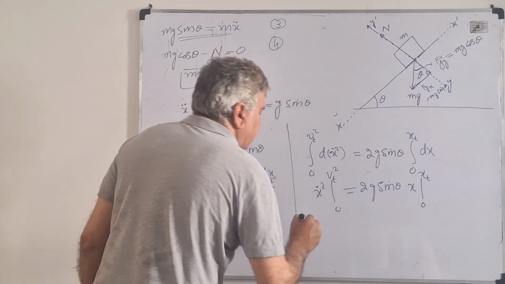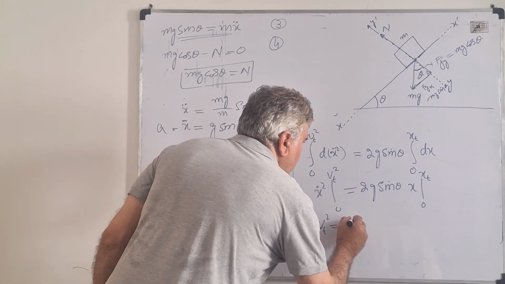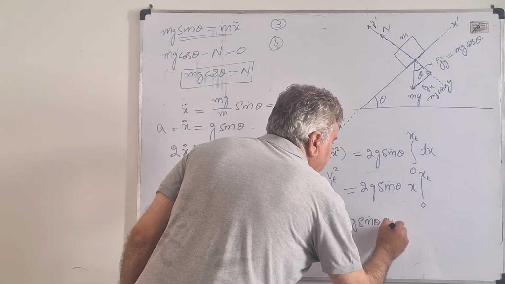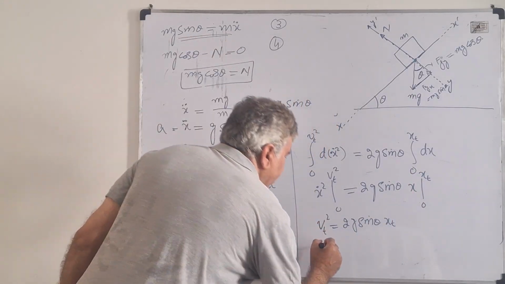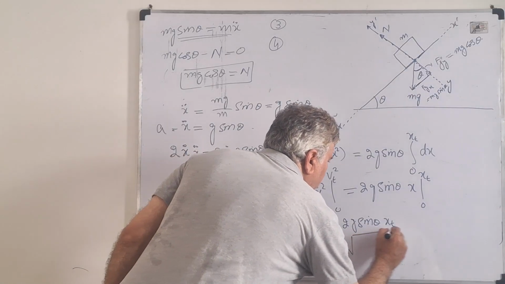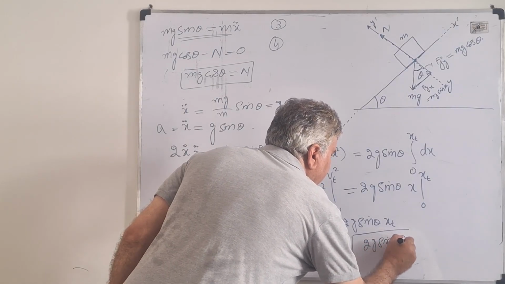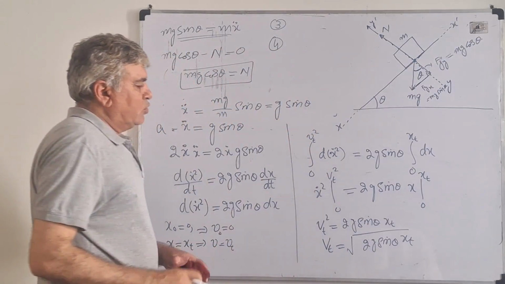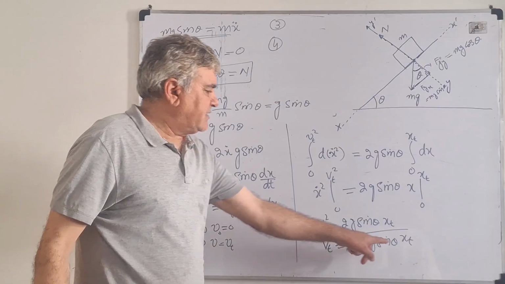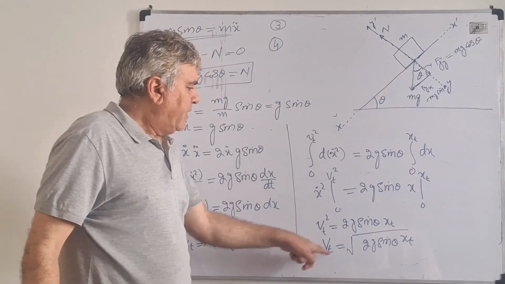And if I put the limits, I write v at t squared equals 2g sine theta x sub t, from which I can get v sub t equals square root of 2g sine theta xt.